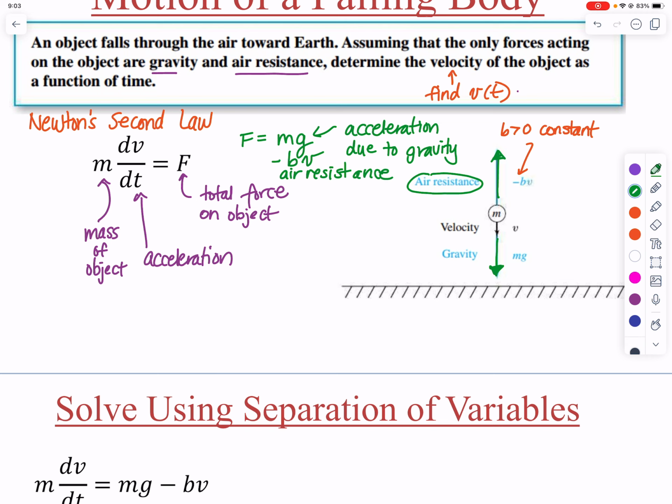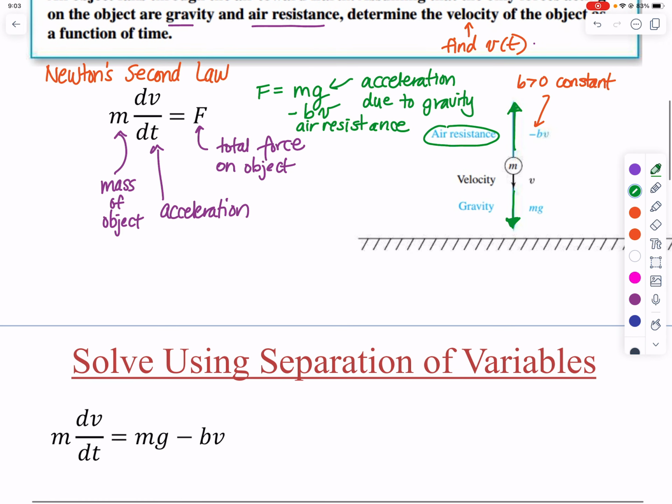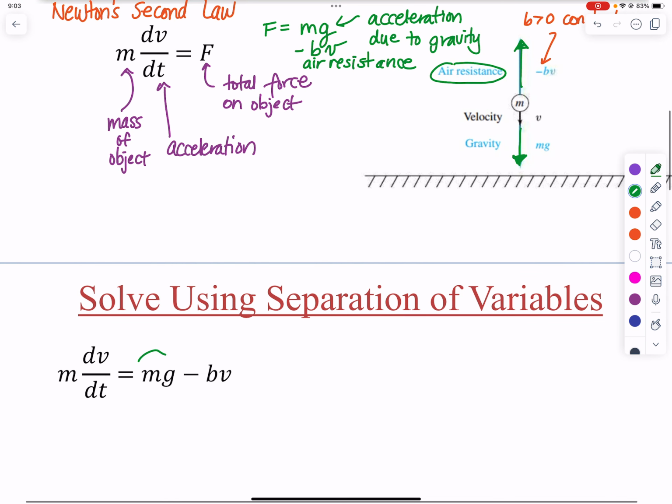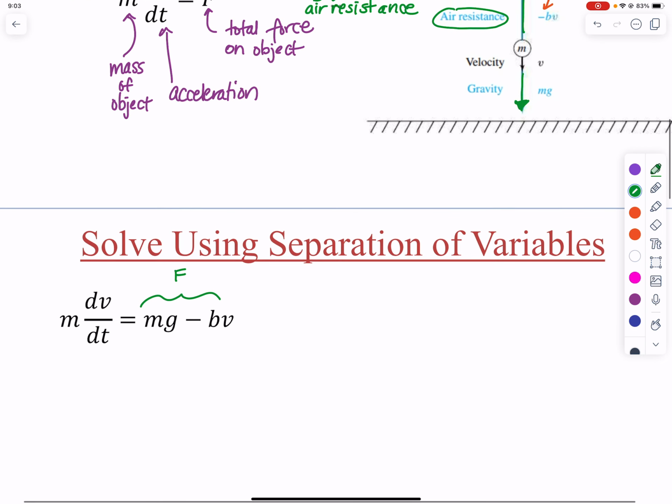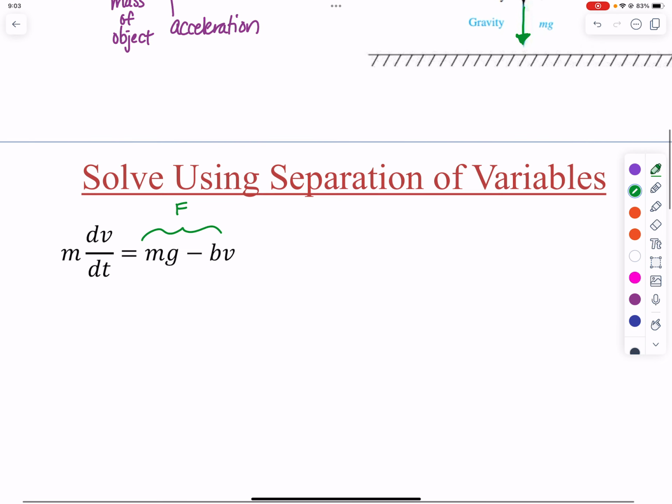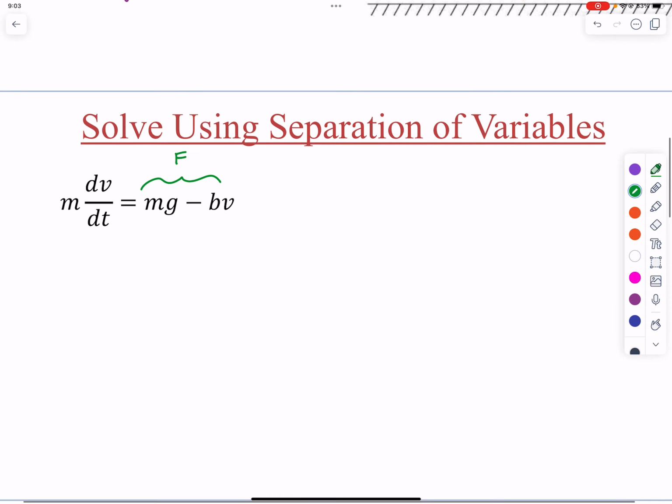So let's go ahead and replace F here with our force due to gravity, with air resistance acting against that.